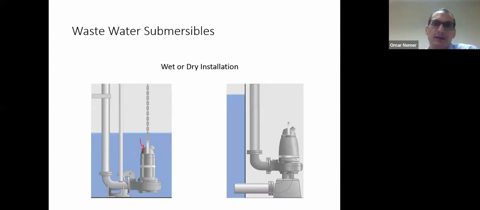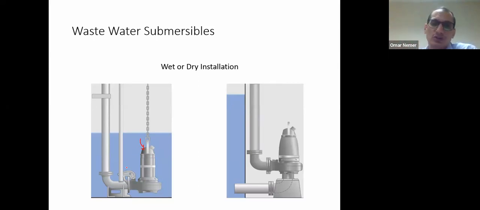Sometimes the pumps have, for example, 400 horsepower, a big size, and maybe the surrounding liquid will not be enough to provide the cooling, so we'll need a cooling jacket. Or the pumped liquid has a high temperature, above 50 Celsius, so maybe we need a cooling jacket.